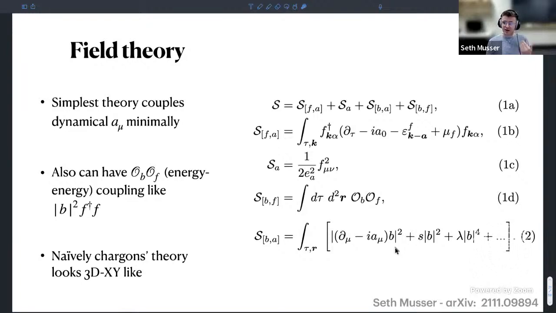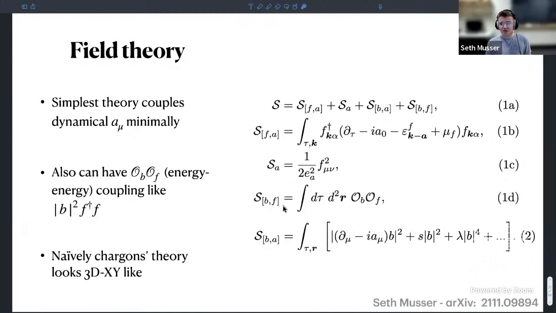The chargons at filling 1 have particle-hole symmetry, and so you write down this relativistic theory for them that looks 3D XY-like. Finally, you also want to include some couplings of the chargons and the spinons. Those take the form of these energy-energy couplings, like B squared f dagger f, for example.